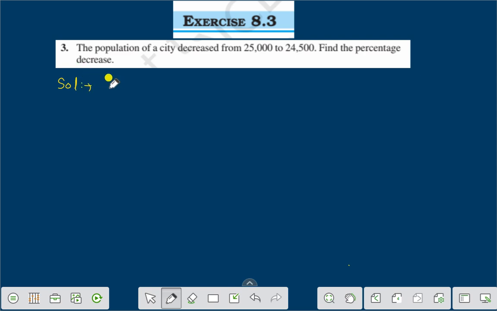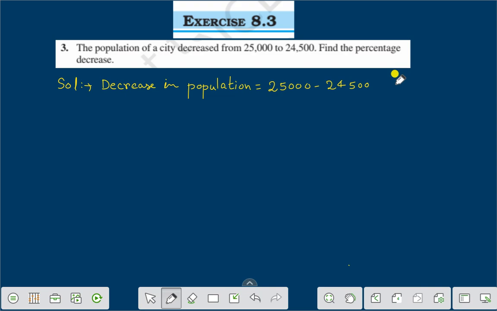Well, first, decrease in population. Decrease in population is equal to 25,000 minus 24,500.